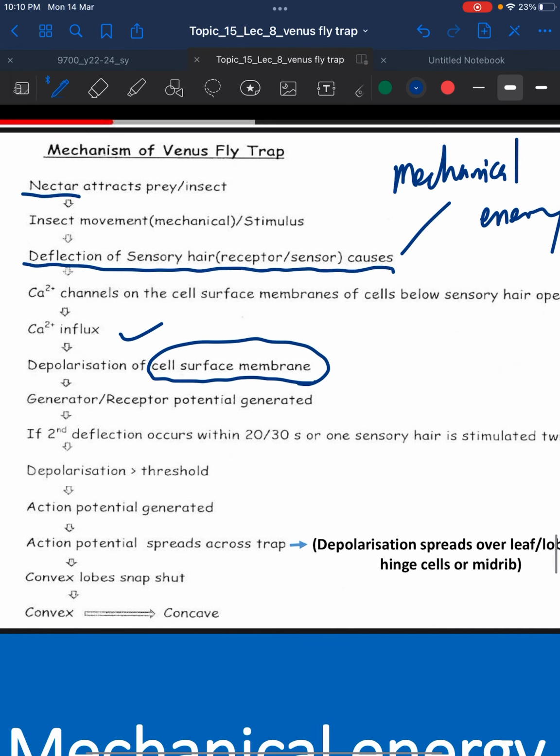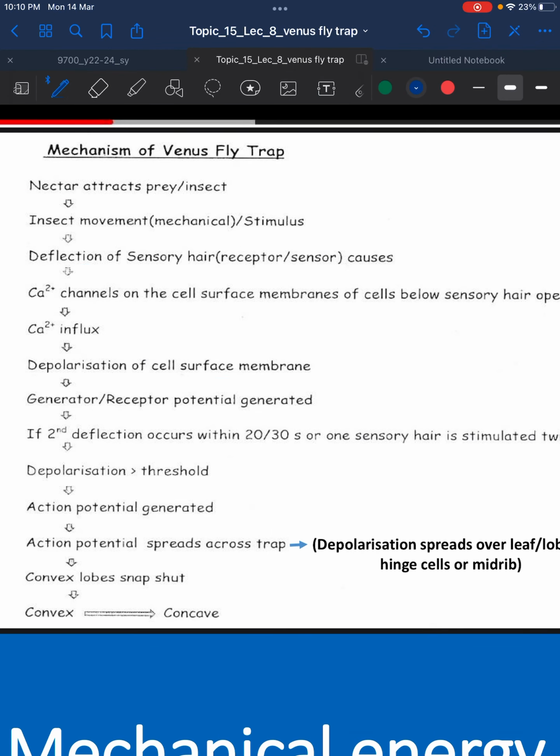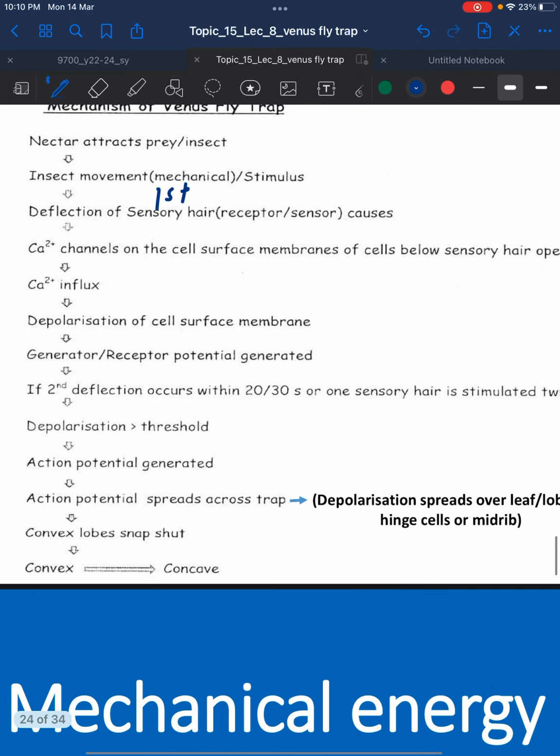So when the first hair, this is the first sensory hair, is deflected, there is no action potential yet, but there is depolarization.